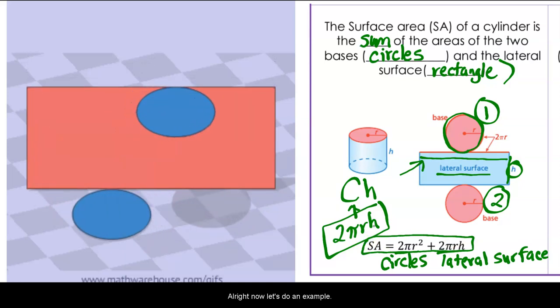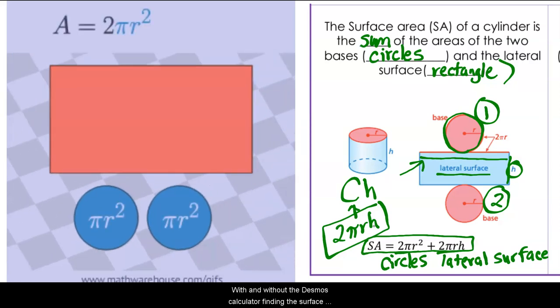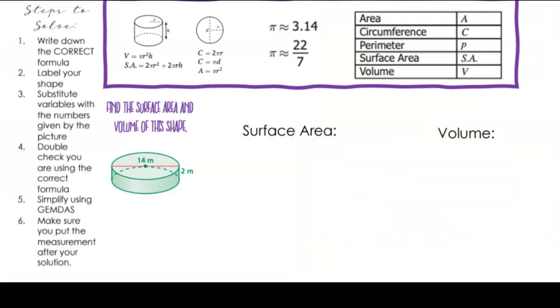All right, now let's do an example with and without the Desmos calculator finding the surface area of a cylinder. So we have our steps again listed. First step is we're going to write down the correct formula. So we've already done the volume, check. Now we're going to work on surface area.